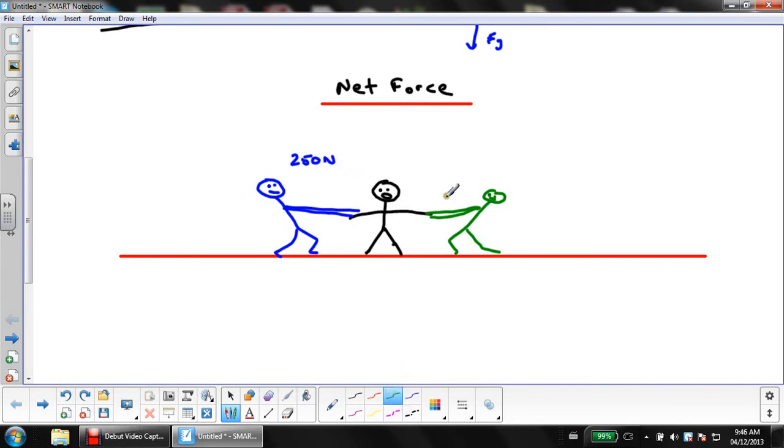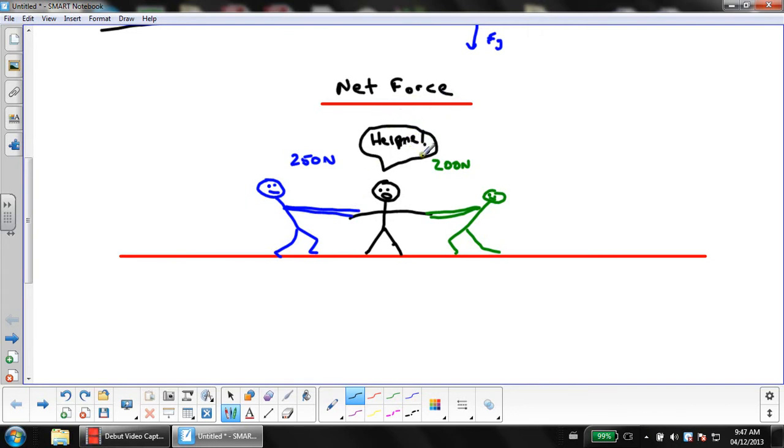And green guy is not quite as strong and is pulling with a force of 200 newtons. Wait a second. Help me. The net force is after things have canceled each other out.